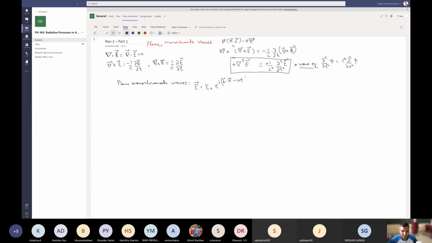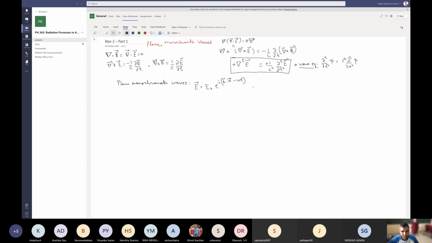So this is the phase factor. The e to the i factor is the phase factor, and E naught is a constant. So this is a plane waveform for any perturbation.